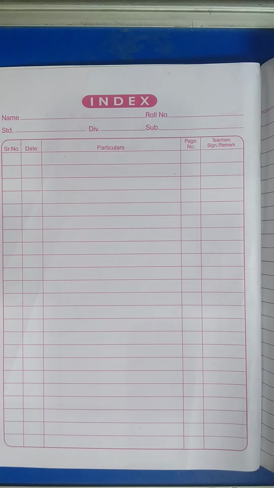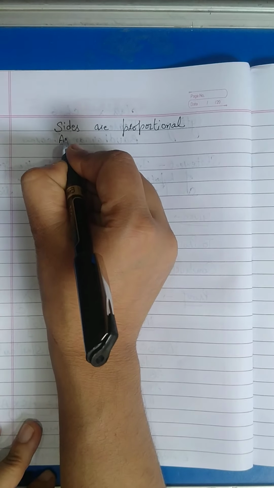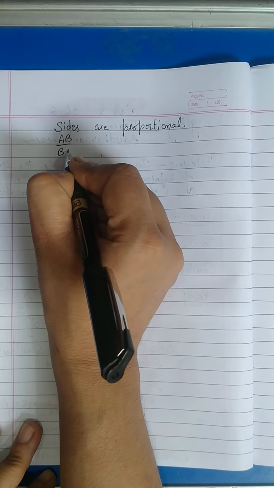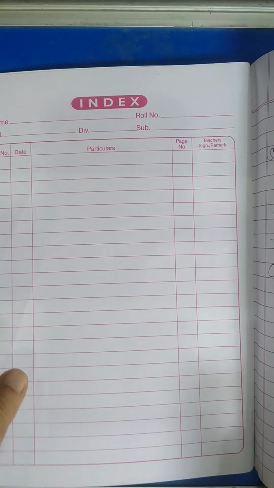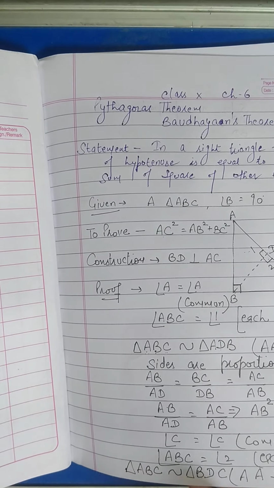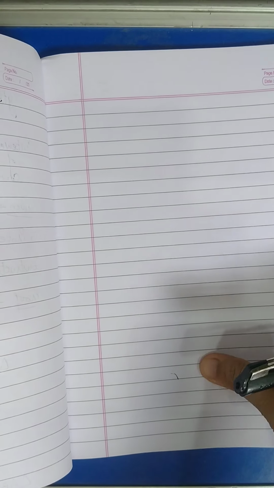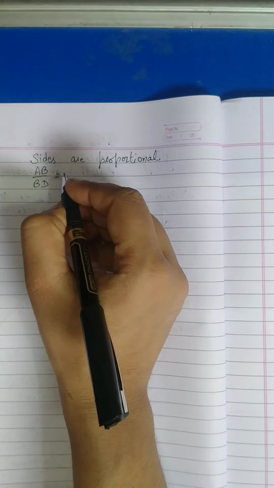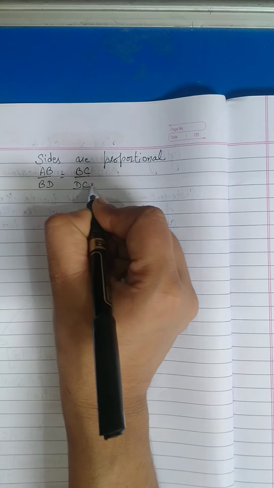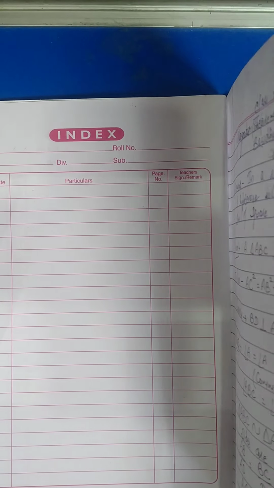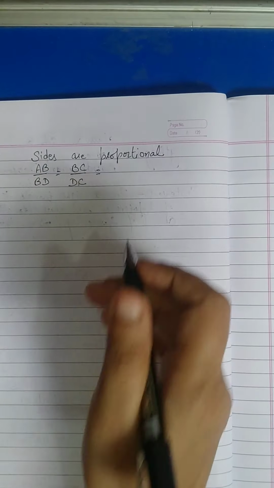Now let's write down the proportionality. AB upon BD is equal to BC upon DC and is equal to AC upon BC.